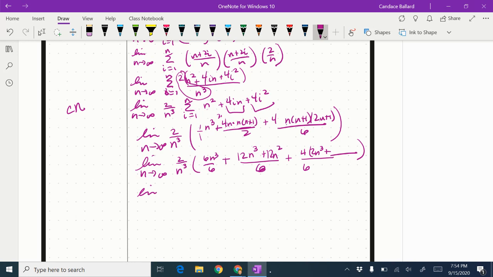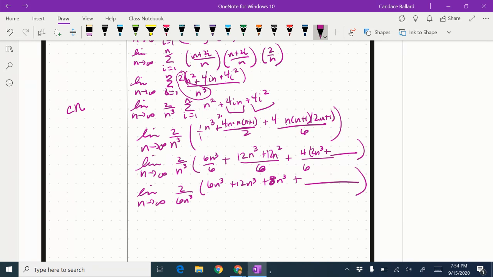So the limit, just so we can see it a little bit better. So we've got 2 over 6n cubed times 6n cubed plus 12n cubed. I'm going to bring this up here. That would be 8n cubed plus a bunch of other stuff. Okay, so I'm only concerned about the cubes. Now, I know I've got cubes on the top, cubes on the bottom, so I'm going to take the limit of the coefficients.